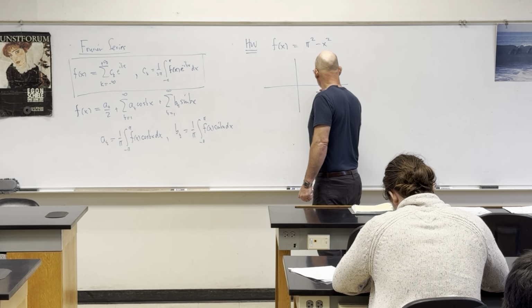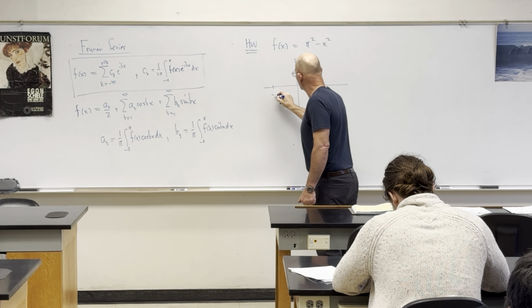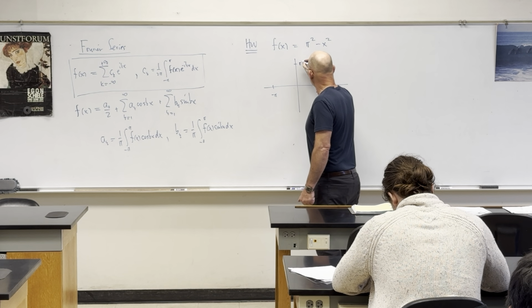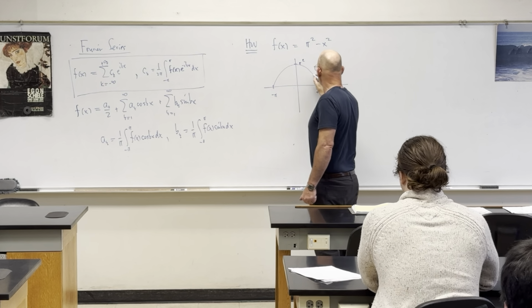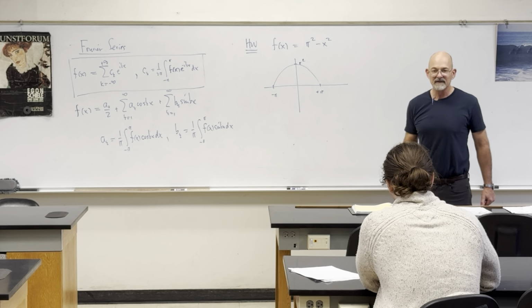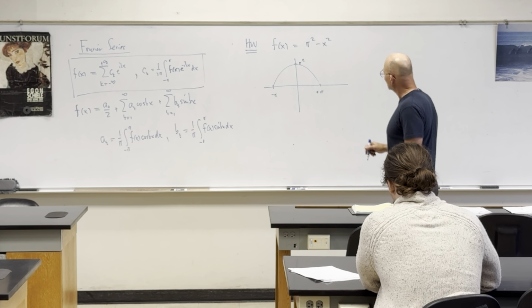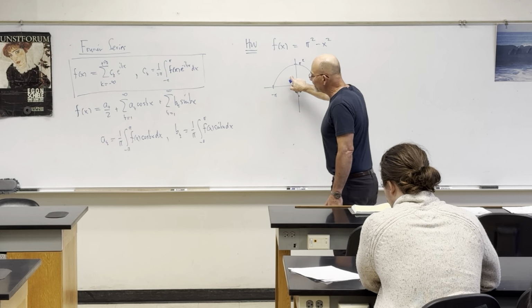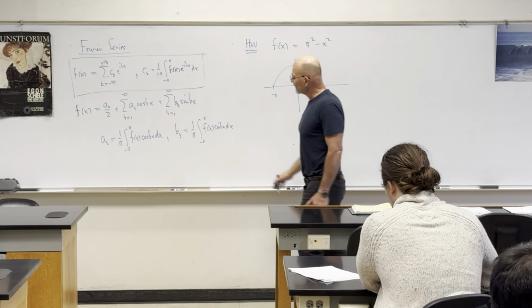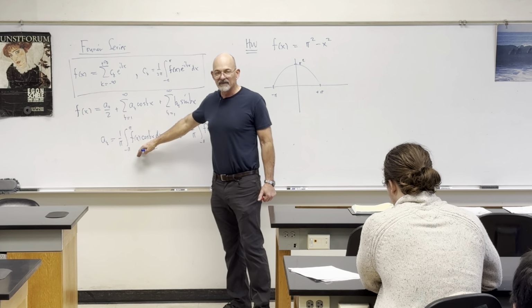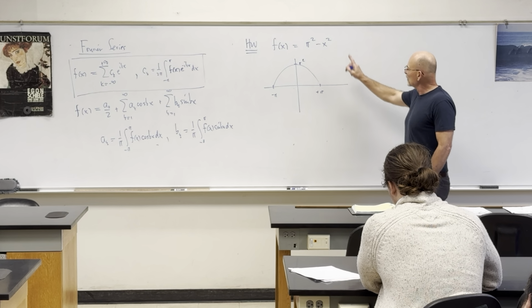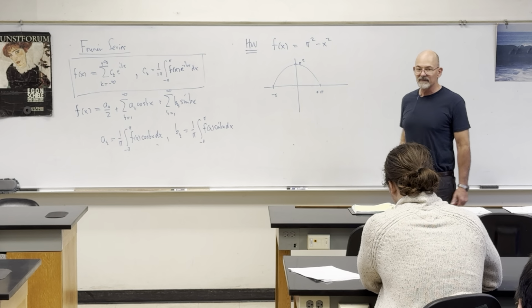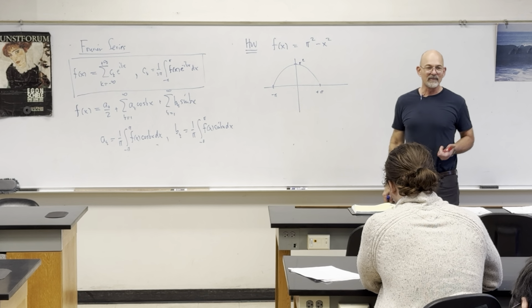So I've got pi and negative pi, and if I'm up here at pi squared, you can see I've just got this parabolic segment. And this is an even function, so it's just going to have the a sub k's. And because it's got an x squared, you're not going to love it, because you have to integrate by parts twice.